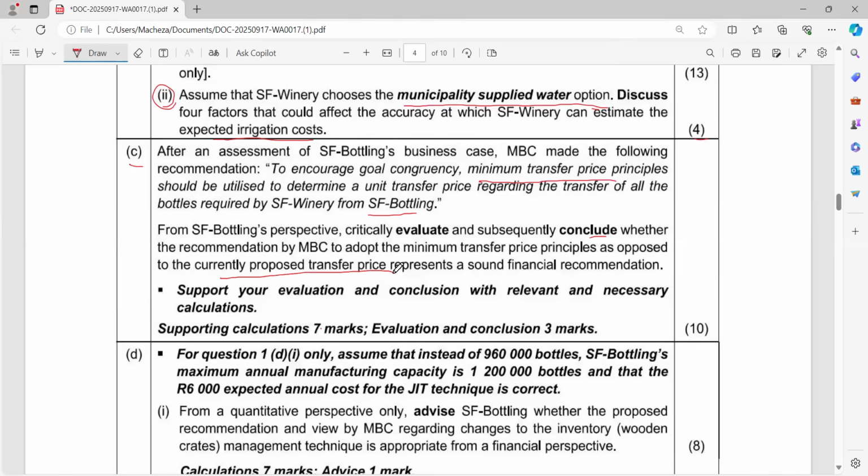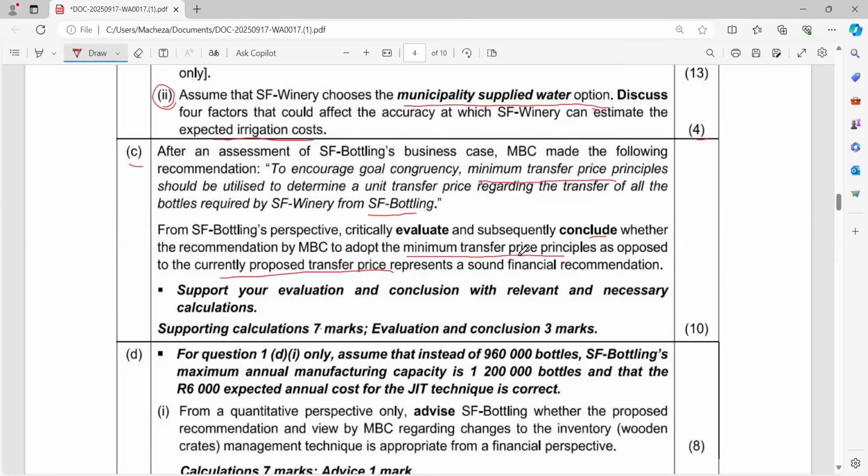Then I should calculate the minimum transfer price. So in business, what gives them profit is what is going to be recommended as viable.